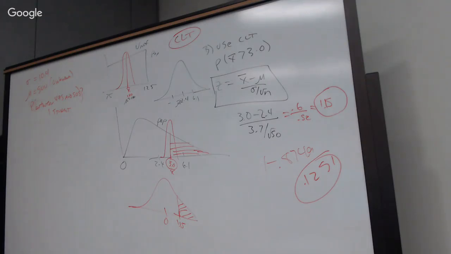What do you think, Brenda? What is the probability that one student has a score between 495 and 505? Standard deviation for the population is 10.4.